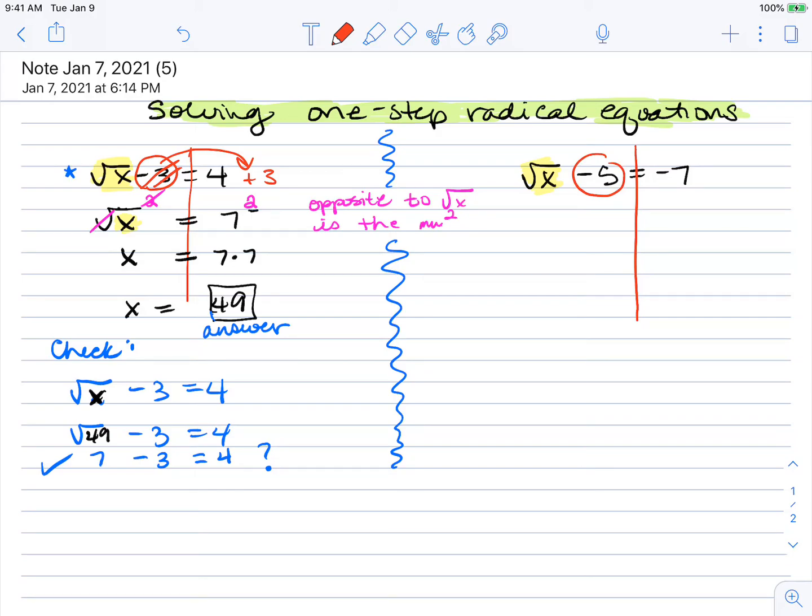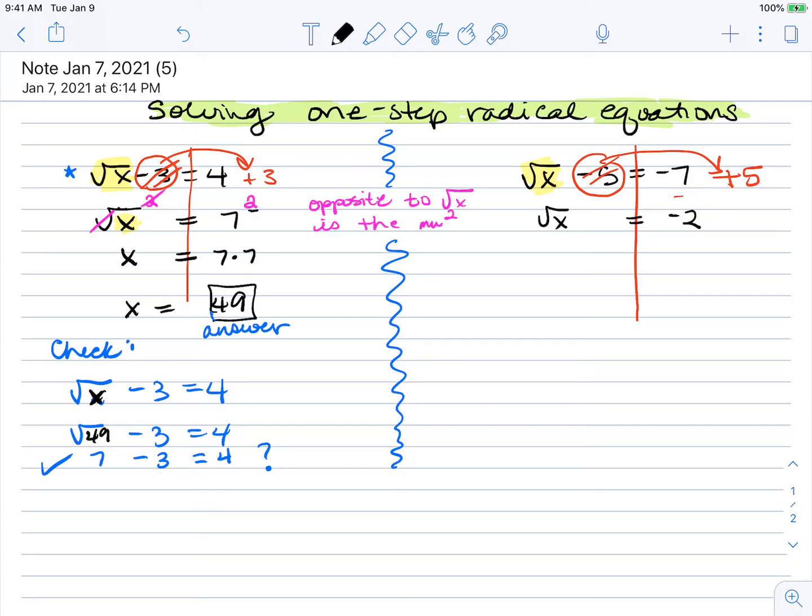I'd either add it to both sides, plus 5, plus 5, or I'm going to circle and move it, because that's what makes me comfortable. When I move it to the other side, it changes signs. Now this isn't here anymore, and I still have my square root of x, and negative 7 plus 5 is negative 2.